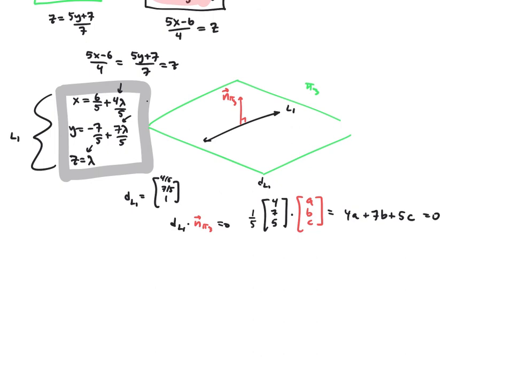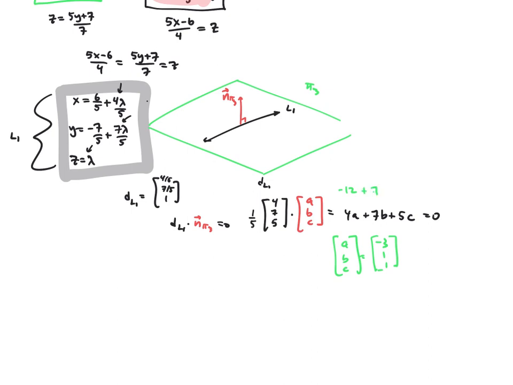Okay, so now it's a guess and check game. I'm just going to give you the answer, though you might have to do a little guess and check. I'm going to say that A, B, C are going to equal -3, 1, and 1. Because if A is -3, that gives me a -12.